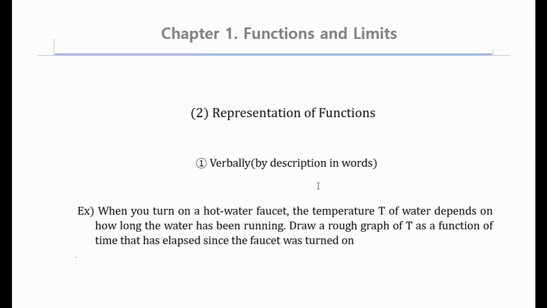The next topic is how to represent a function. For example, I ask someone what is the function of t, and someone answers me in 4 methods. First is verbally. When I ask someone what is the function of t, the person answers me with an expression in words like this.